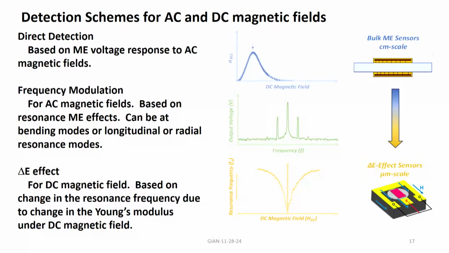So, depending on the shift, you can calibrate the system and you can measure the DC magnetic field. That is what is shown here. The delta E effect is change in the Young's modulus and the change in the resonance frequency. In this case, you can drive this into longitudinal or thickness mode in the resonance, then apply a DC magnetic field, then measure the shift in the frequency, then you have a sensor of DC magnetic field. And this one is a miniaturized micrometer scale sensor capable of measuring a DC field.